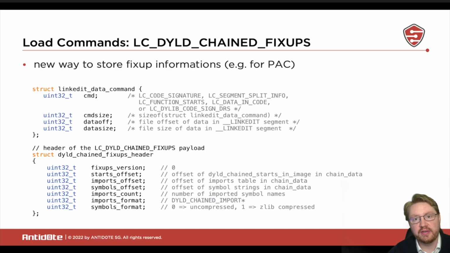At the moment, let's postpone this information to another day, maybe when we talk about pack. But basically the idea here is that this is a way to fix up pointers that is new or relatively new, and, for example, used for pointer authentication codes inside binaries.